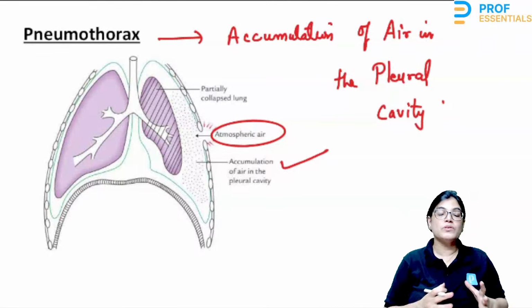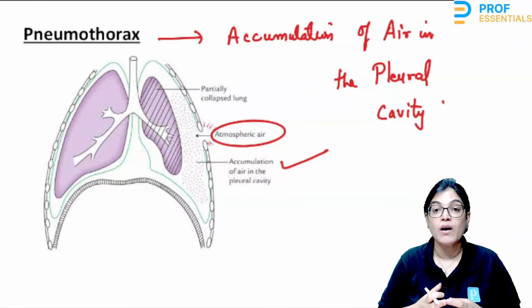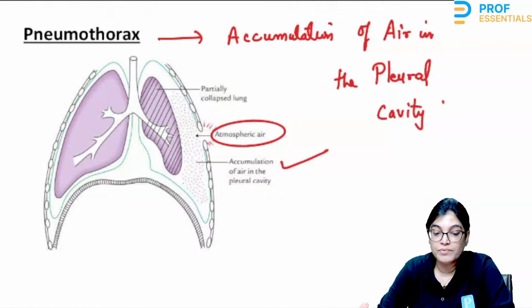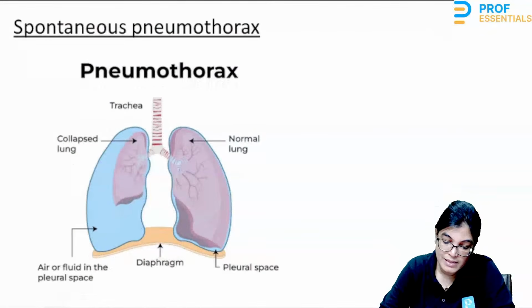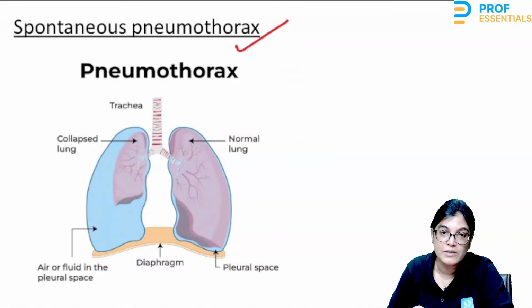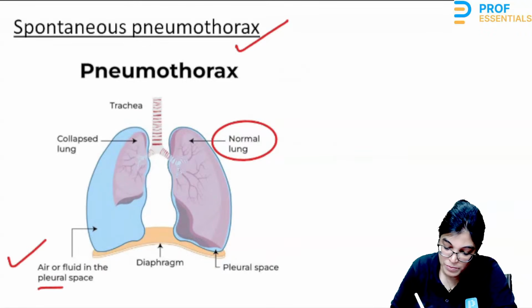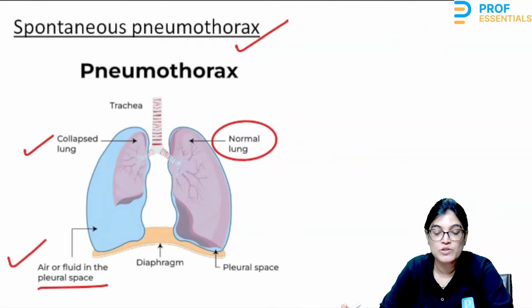So that is happening because of the rupture of emphysematous bullae of the lung. So that is the reason. So you can see this is a case of spontaneous pneumothorax. In that case, you can see this is the normal lung, and because of the trapping of air in the pleural space, the collapsed lung has been shown to you.